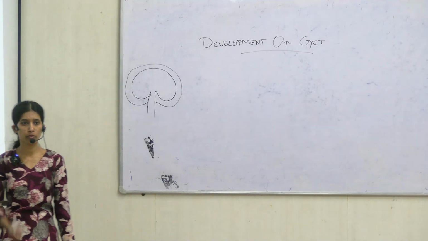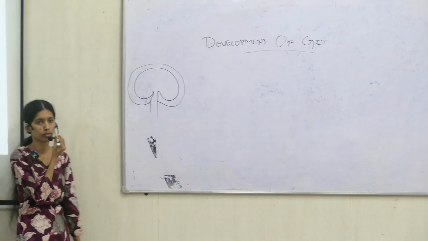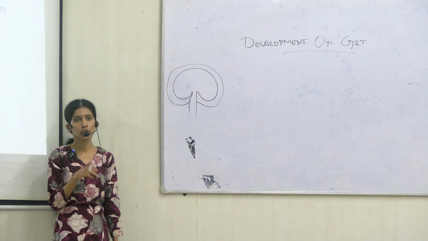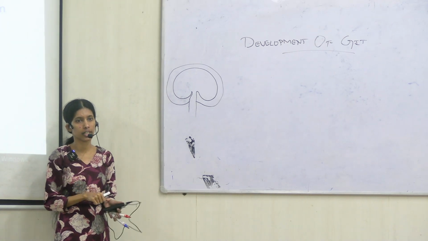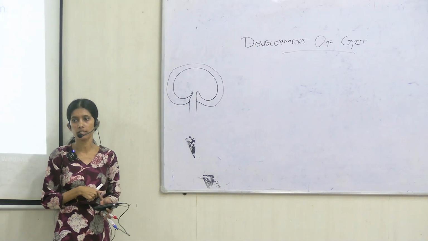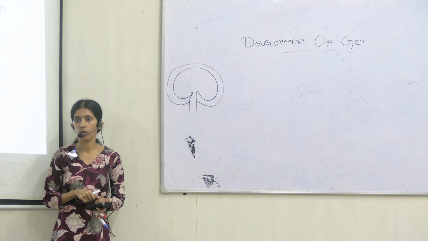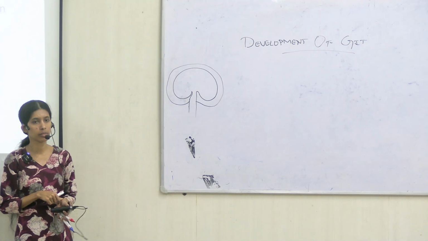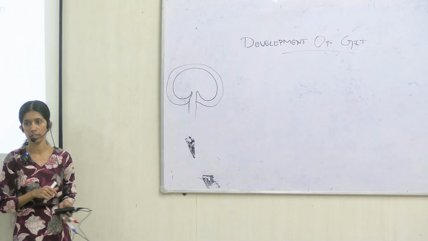If you remember the foldings of embryo, we discussed two types of folding. The first one is craniocaudal folding and the second one is lateral folding. In the craniocaudal folding only, I clearly mentioned the development of the primitive gut.